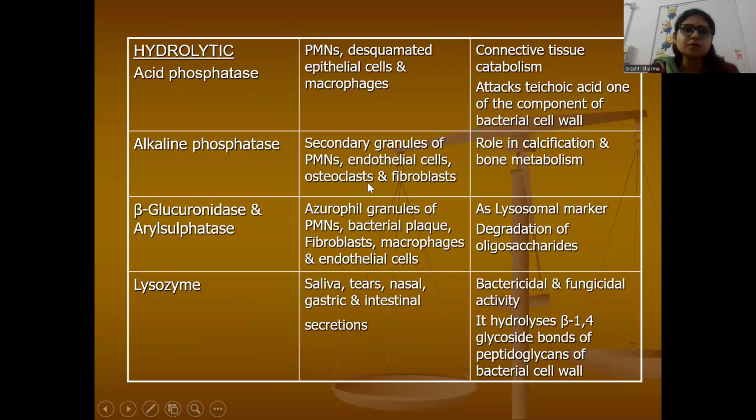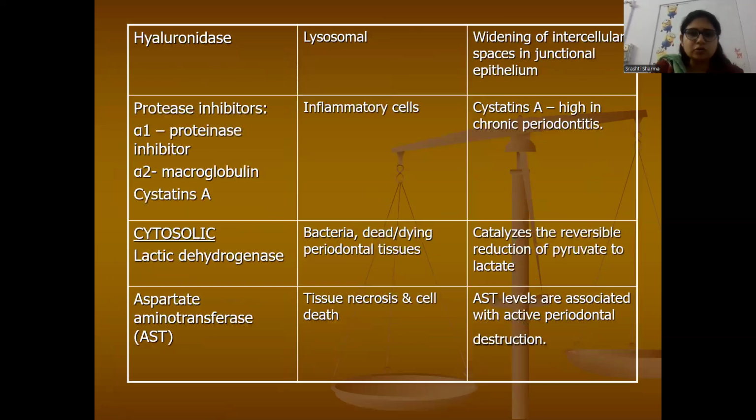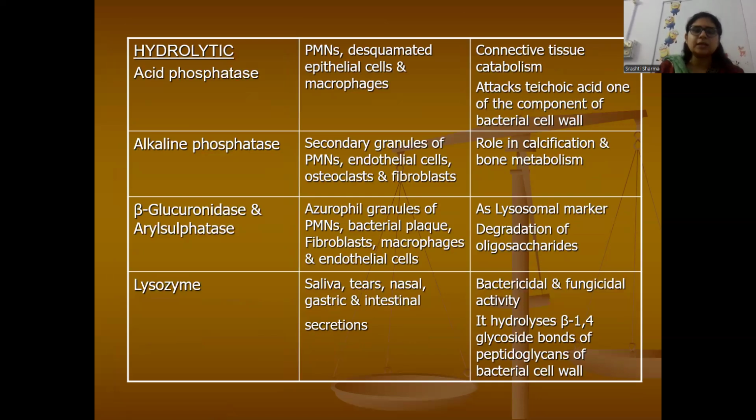Hydrolytic enzymes: acid phosphatase, alkaline phosphatase, beta glucuronidase, and the lysozymes. It also includes hyaluronidase and protease inhibitors. Now we'll see the sources. Acid phosphatase: neutrophils, desquamated epithelial cells, and macrophages; the action is connective tissue catabolism, and it attacks teichoic acid, which is a component of the bacterial cell wall.